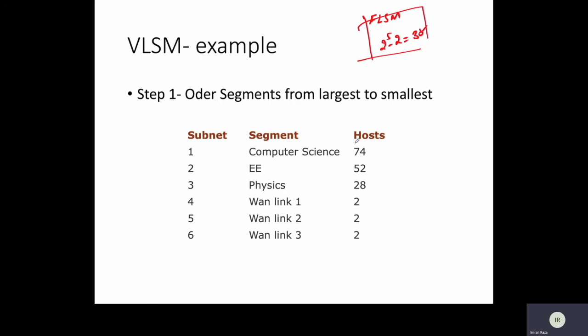So see how it can be done using a variable length subnet mask. The first step is to arrange the requirements in descending order, where the segments requiring the largest number of nodes come first, then second, and so on.